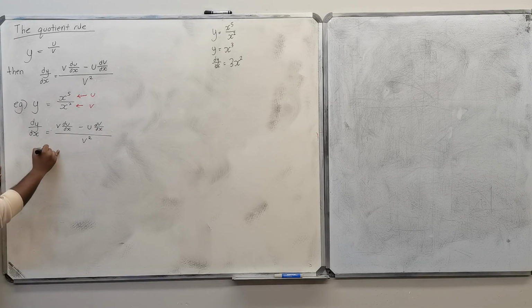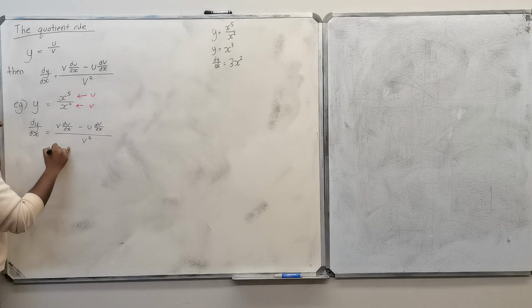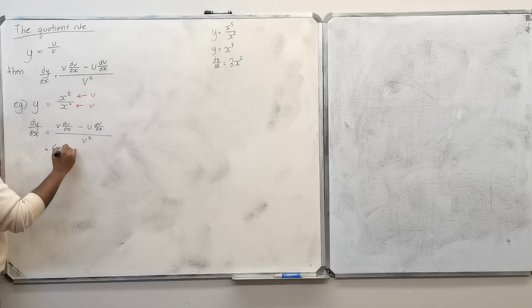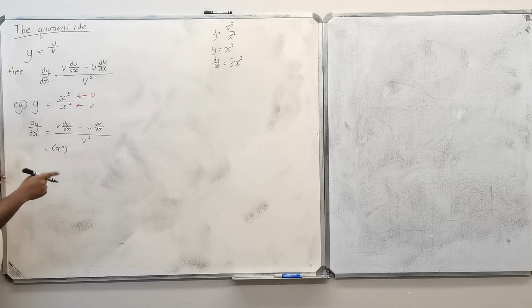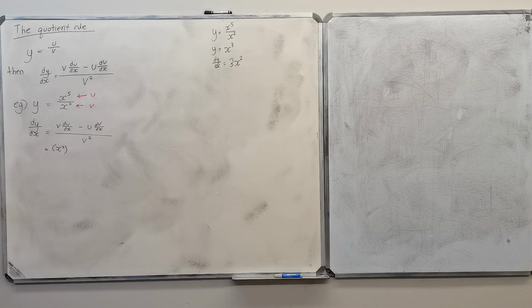Here v is x squared. This means what? The derivative of u with respect to x. So I'm going to substitute whatever u is.